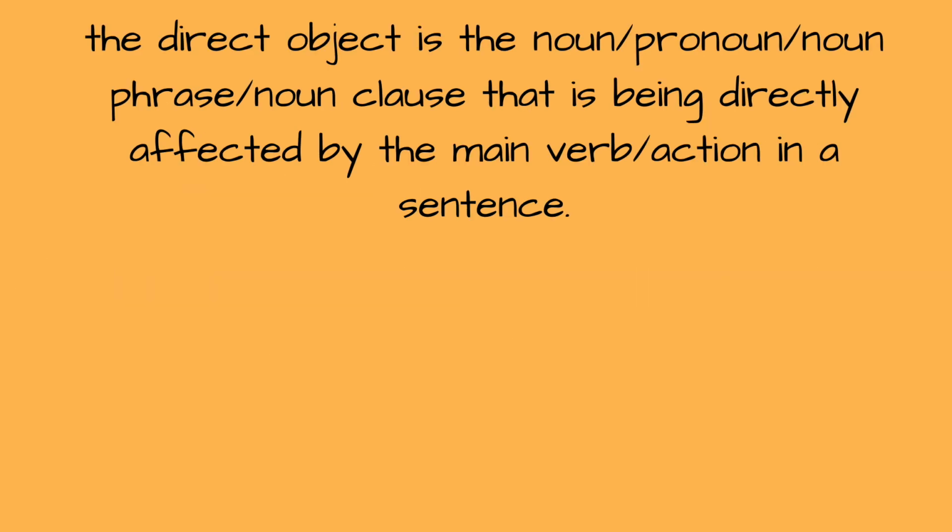The direct object is the noun, pronoun, noun phrase, or noun clause that is being directly affected by the main verb or action in a sentence. It answers the question who or what as it relates to the subject of the sentence. For more information on direct objects, please watch my video on direct and indirect objects.